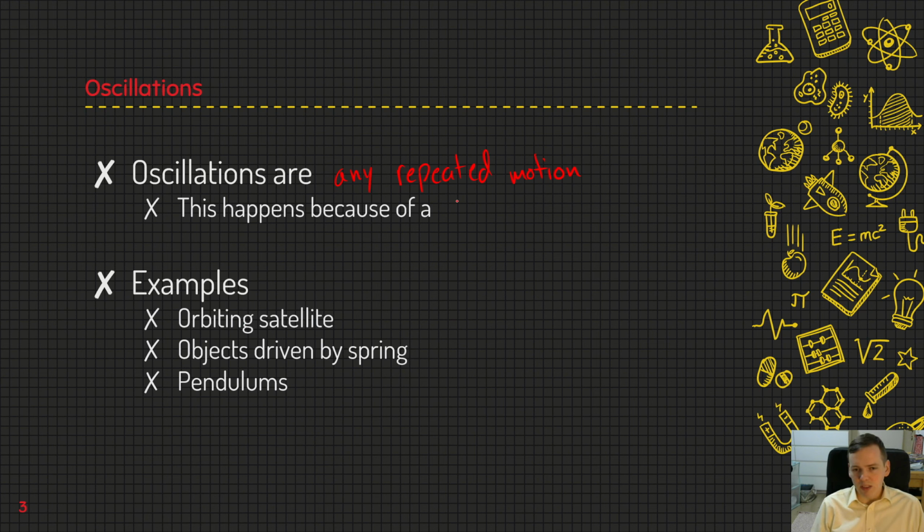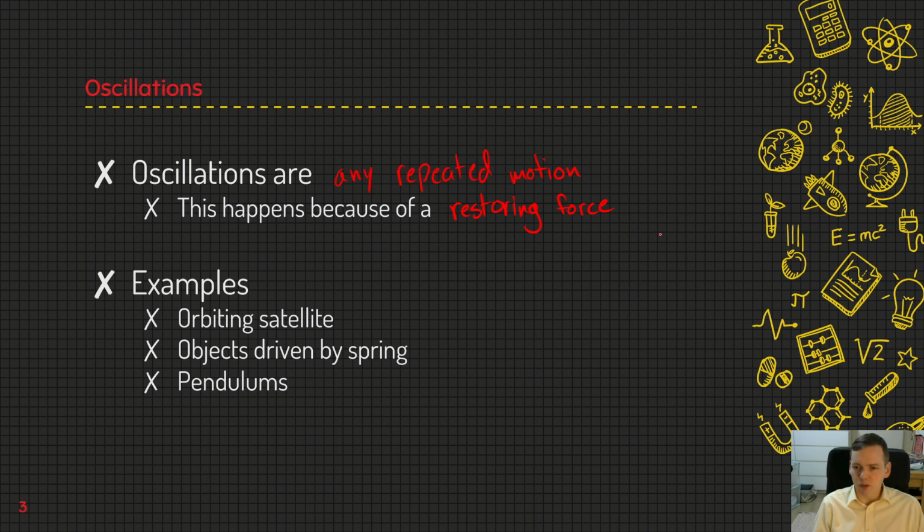And this will typically happen because of a restoring force, or at least the oscillations that we're talking about are because there's some sort of restoring force. So if you remember way back to energy, we talked about potential energies having a restoring force. So gravitational potential energy is the potential energy associated with a restoring force of gravity.